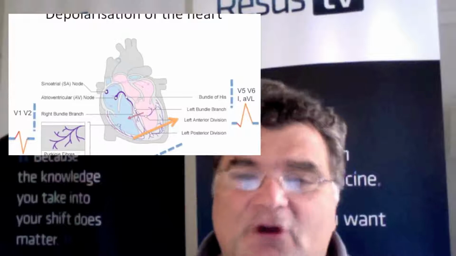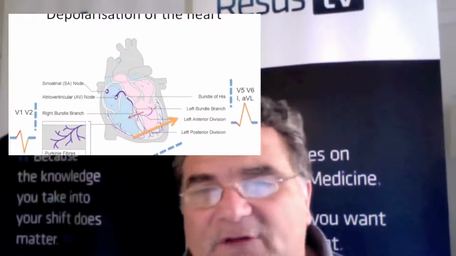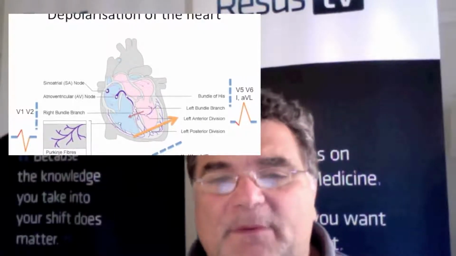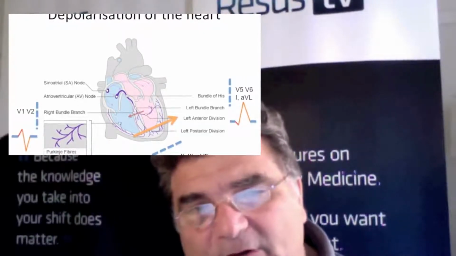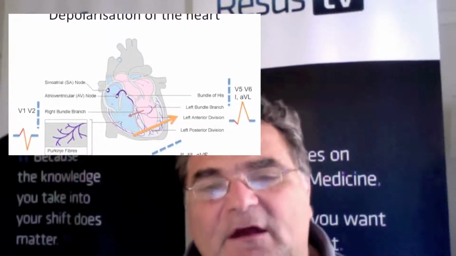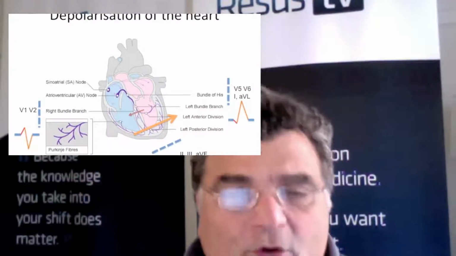If we look at the leads on the opposite side when we have this depolarization in the septum, that's leads say V5 and V6 or 1 and AVL. Because the septum is depolarizing from the left to the right, that is away from the left-sided leads, there will be a very small downward deflection. So it's normal to have a very small Q wave in those leads. But remember, it's abnormal to have a Q wave in V1 and V2.